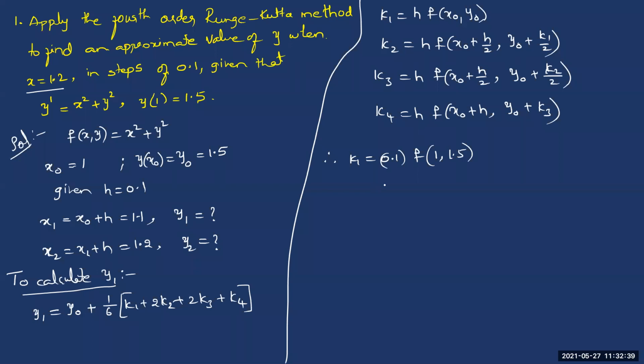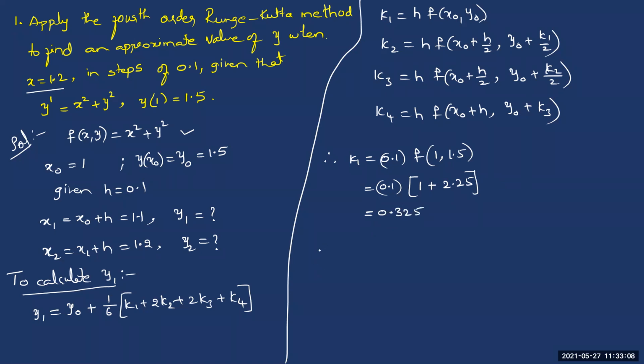So let us substitute these into the function. It is equal to 0.1 times f of x, y, which is x square plus y square. So x is 1 and y is 1.5: 1 square plus 1.5 whole square, which is 2.25. When you add these two, 2.25 plus 1 is 3.25, and 3.25 multiplied by 0.1 is 0.325.